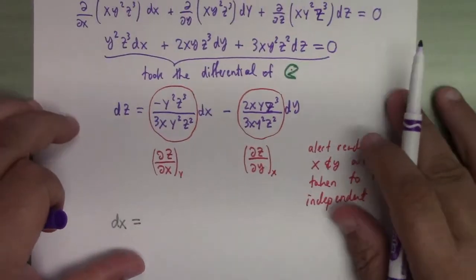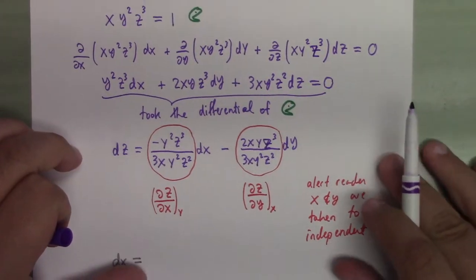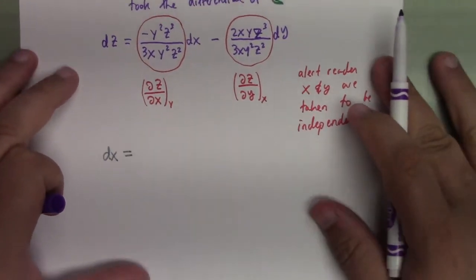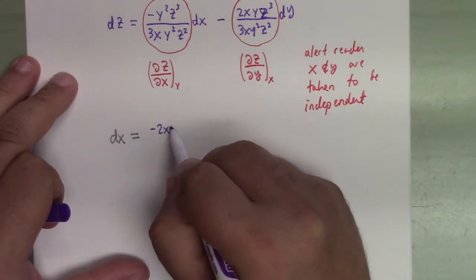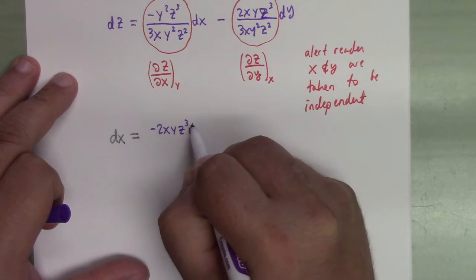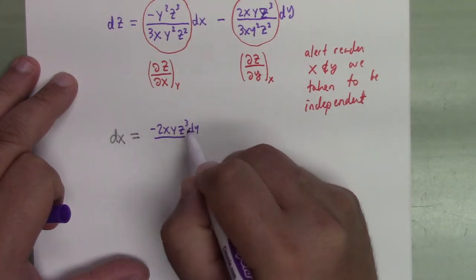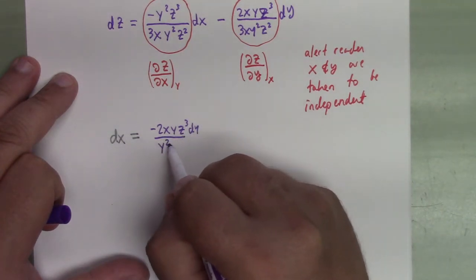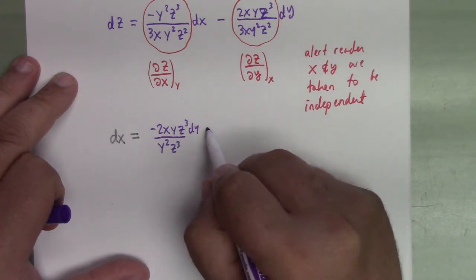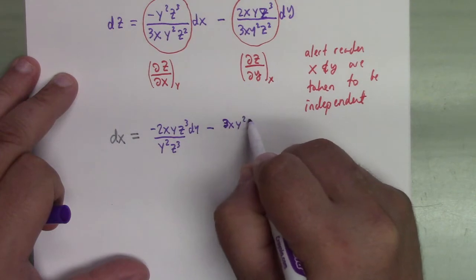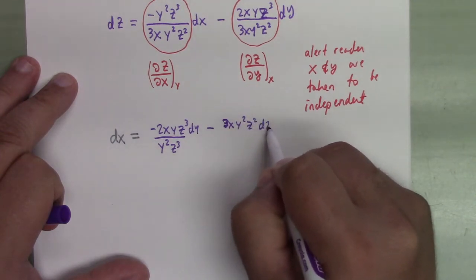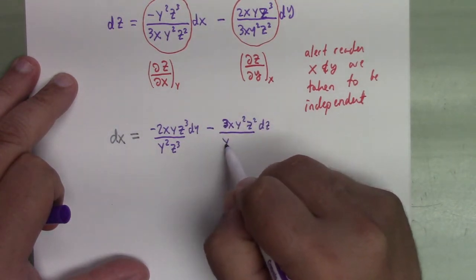Well, solving this equation up here for dx, that's going to give me minus 2x y z cubed dy divided by the coefficient of x, which was y squared z cubed, minus 3 x y squared z squared dz, again dividing by y squared z cubed.